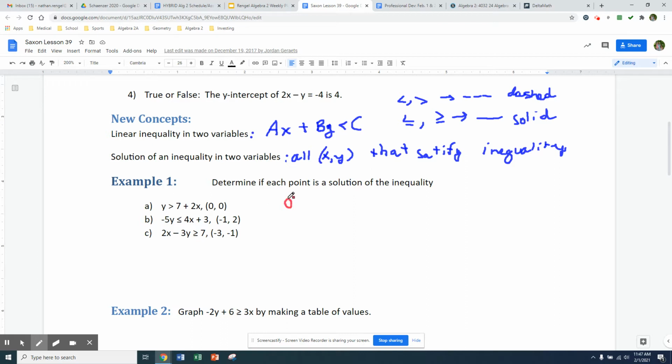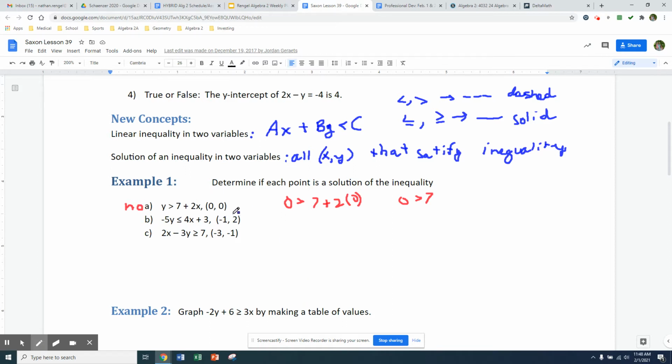But we'd end up having 0 is greater than 7 plus 2 times 0. And all the stuff with 0 will just cancel out. So we'd have, is 0 greater than 7? That would be no. So (0, 0) is not a solution.